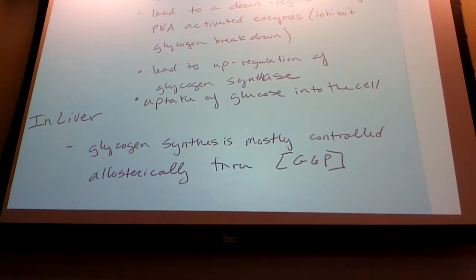If you've got a lot of G6P around, you're going to make glycogen. And that's pretty much the end of it. Now we do have the hormonal control on the other end to prevent glycogen synthesis and instead do the degradation. So that does exist, but the liver synthesis is all based on concentrations of glucose.